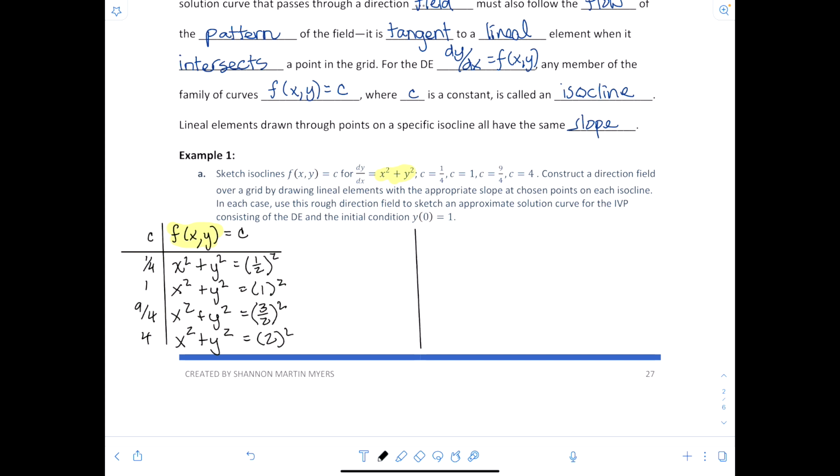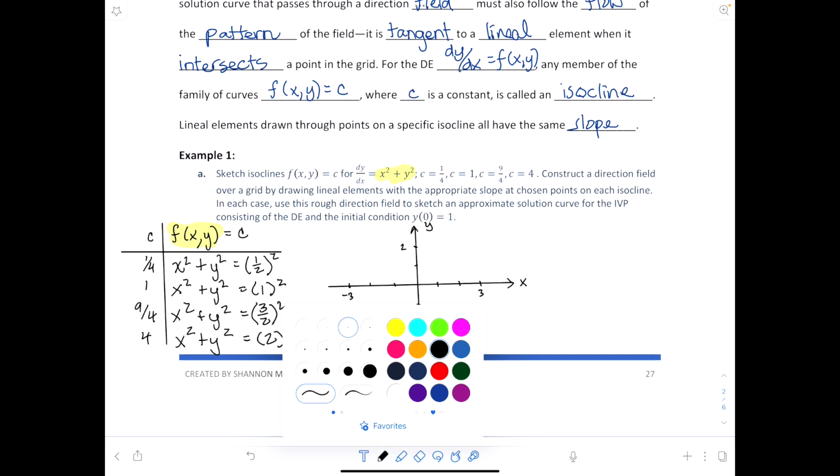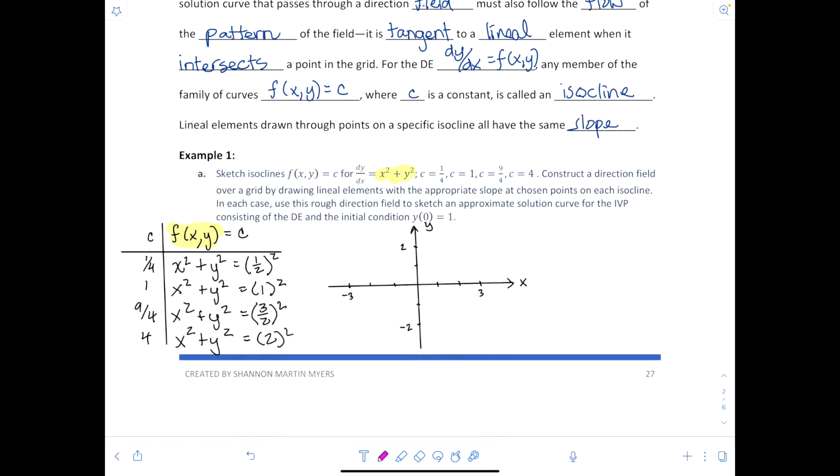Now, if I come over here and I draw this little grid so that I can make my circles, here we go. And then I'll draw the circles in different colors. So for the very first one, we've got a circle.